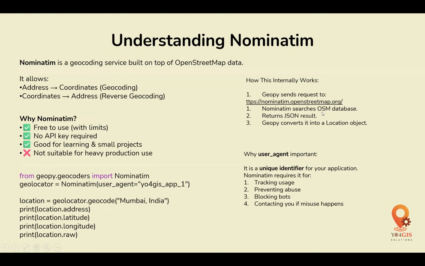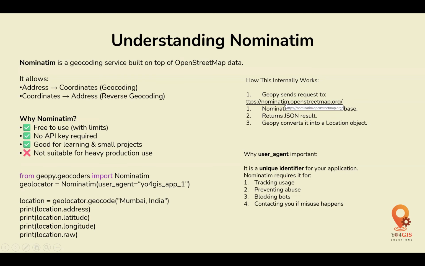Nominatim searches for the location name you have given in the OSM database, and based on that it returns the JSON result.